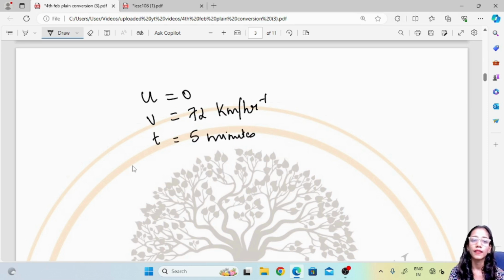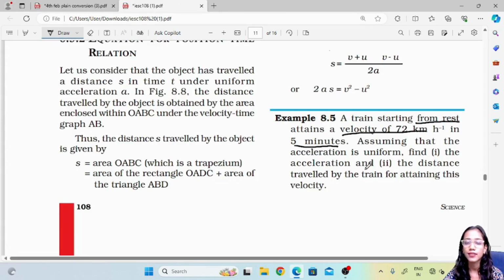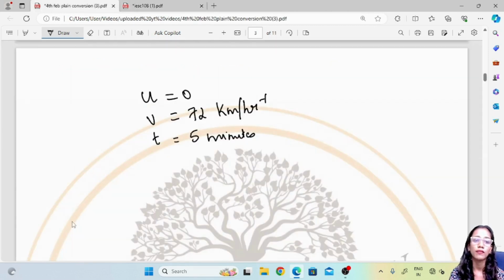Now what do we have to find out? We have to find the acceleration, that is a, and the distance, that is s.